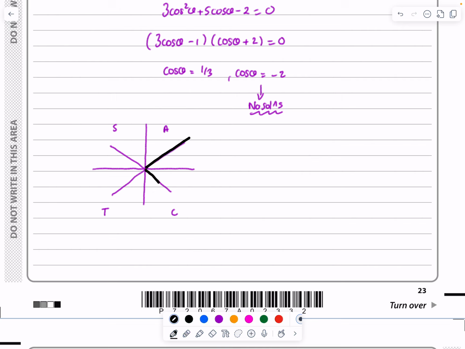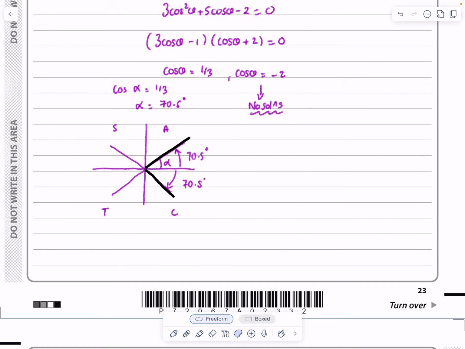Here and here. So if I work out my little alpha again, this acute angle here, cos alpha equals a third, gives me alpha equals 70.5 degrees.